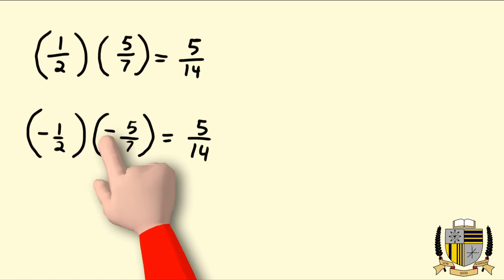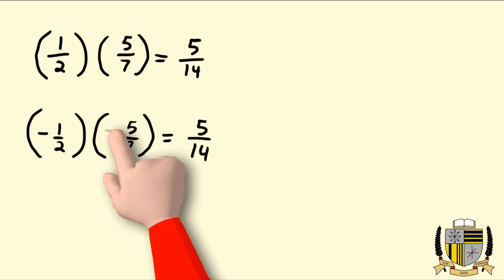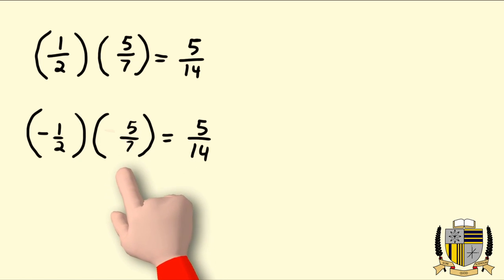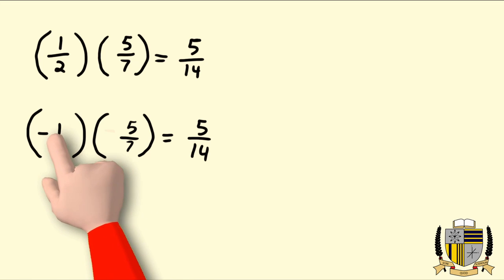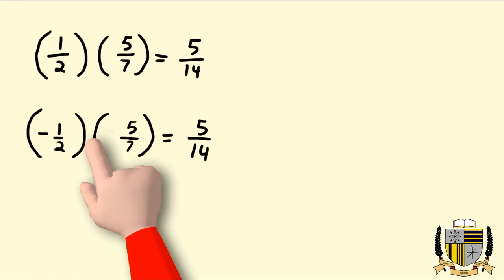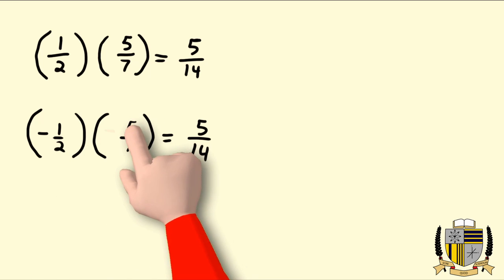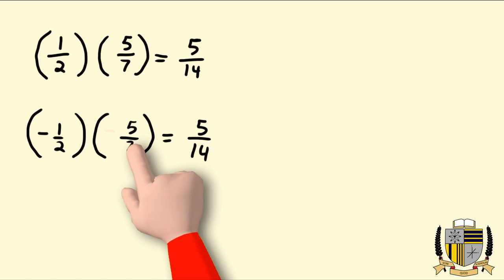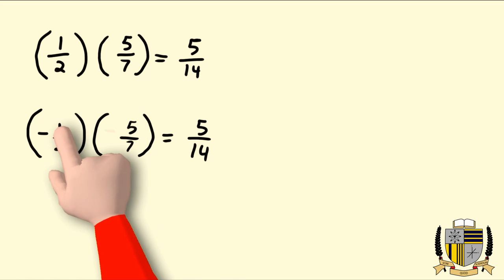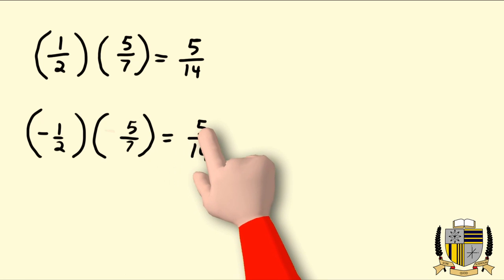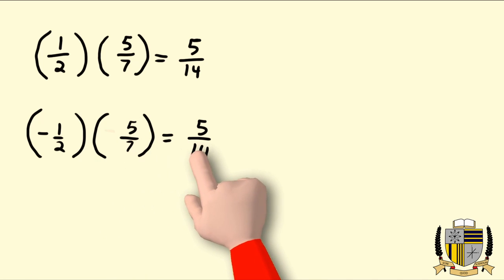Had we have it like this, for example, so let's say we had it like that, where it's a negative 1/2 times this positive 5/7. It's going to be regular multiplying across: 1 times 5 is 5, 2 times 7 is 14.